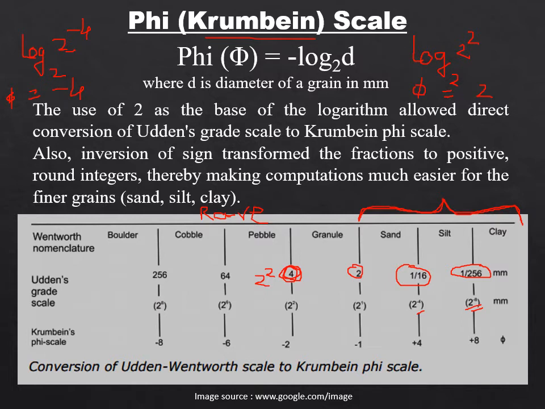So in the phi scale, this 1 by 16 millimeter grain size class is represented as minus 4.